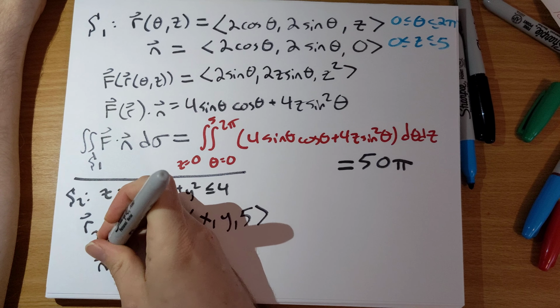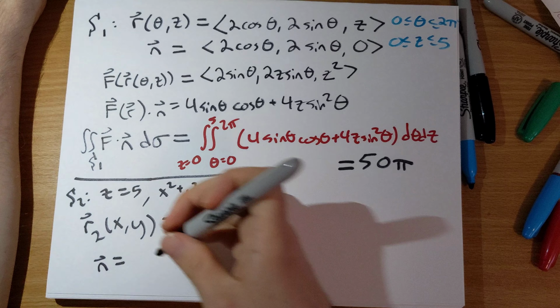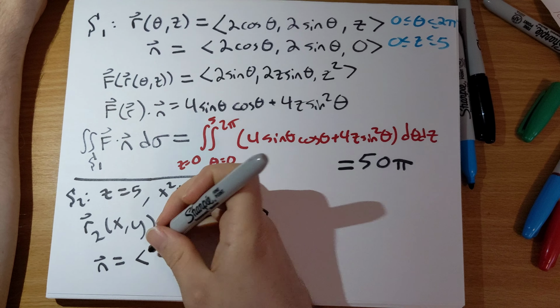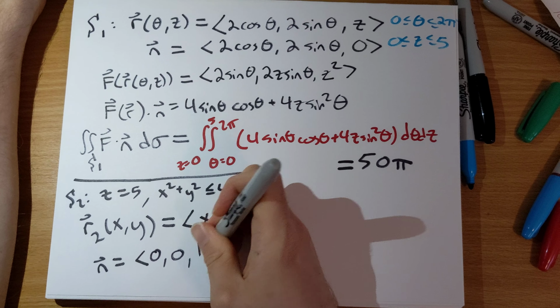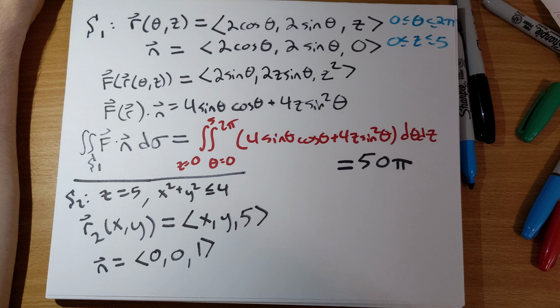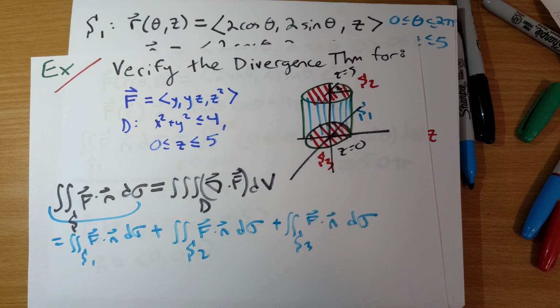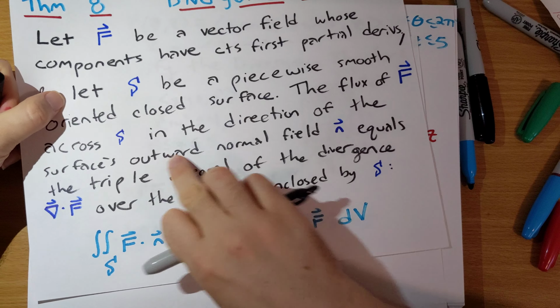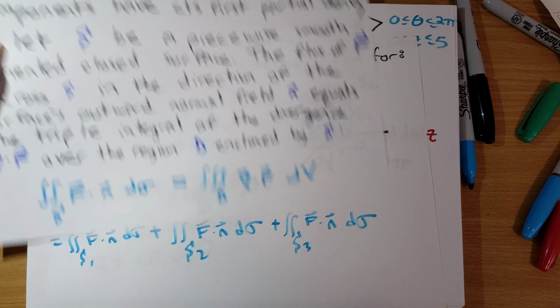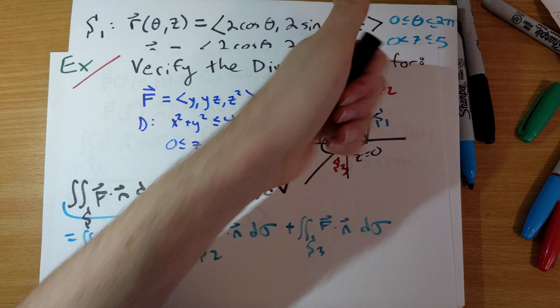And then our normal vector is just going to be 0, 0, 1 in this case, because we are pointing straight up. Remember, for the divergence theorem, it's an outward normal vector here, so we are pointing straight up.